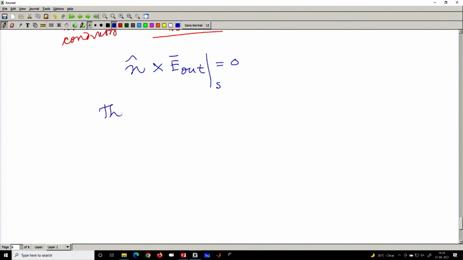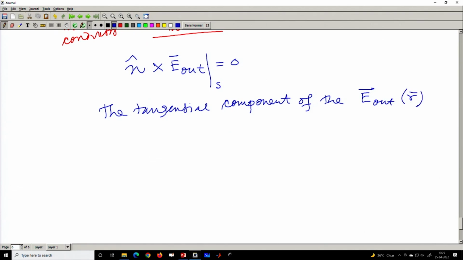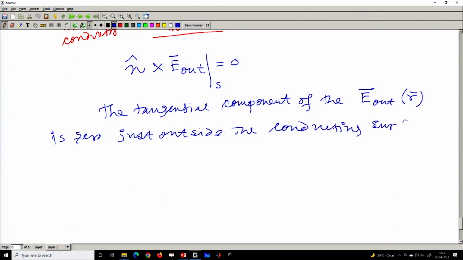That means the tangential component of the field E out is 0 just outside the conducting surface.